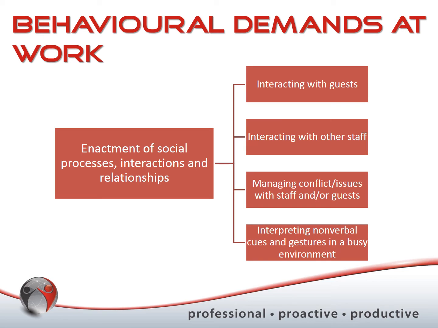But we also need to be able to have people use those skills and those resources to participate in the behavioral element of work. So I've got 4 different categories here I want to address. The first one is enactment of social processes, interactions, and relationships. Now, if you work on an assembly line and you don't ever have to speak to anybody else, save maybe your supervisor or a manager of some kind, then perhaps this one is less relevant at your workplace.